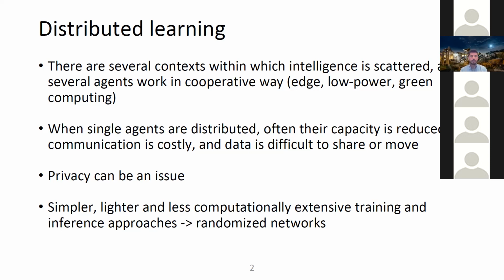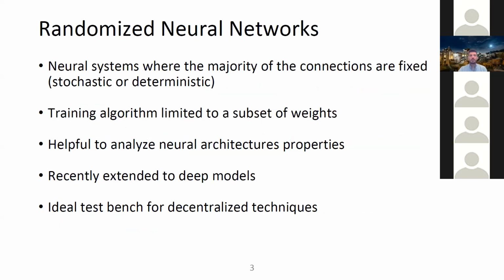And for these reasons, we will work in this distributed learning framework with randomized networks, which are networks that are less computationally expensive in terms of training and inference. The randomized neural networks, as some of you may know, are just neural systems where the majority of the connections are fixed. They are fixed either in a stochastic or deterministic fashion, and the training algorithm is limited to just a subset of the weights of the network.